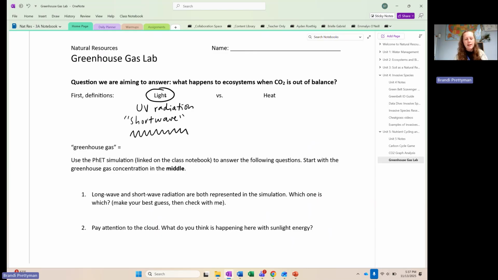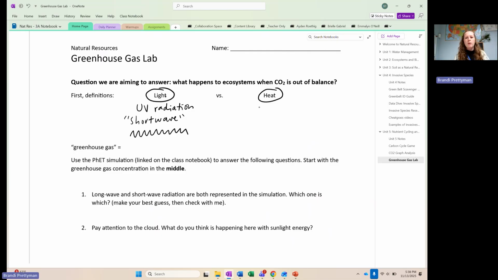Shortwave means a short wavelength. The shorter the wavelength, the higher the frequency, because as this wave is moving, it's going to hit something more frequently. It's like getting punched in the face 12 times per second versus heat is going to be much less times per second.